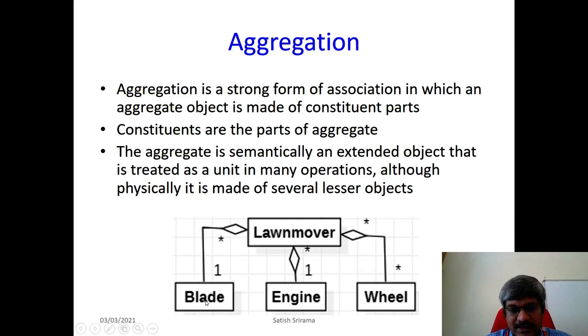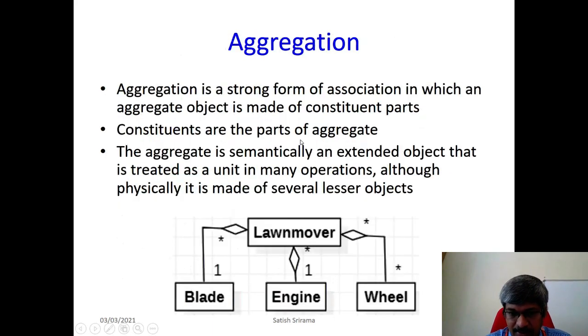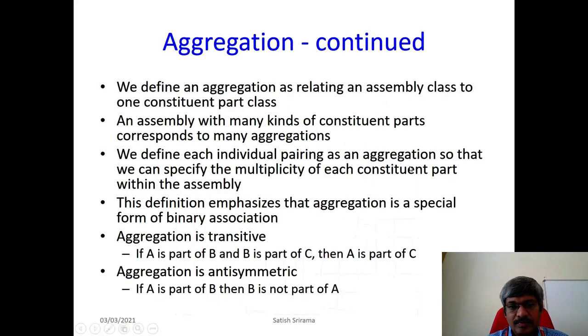So this is one aggregation relation between the lawnmower and the blade. An assembly with many kinds of constituent parts corresponds to many aggregations. Going by the same example, this is an assembly class, which is the lawnmower, which is constituting several of these: blade, engine, and wheel.